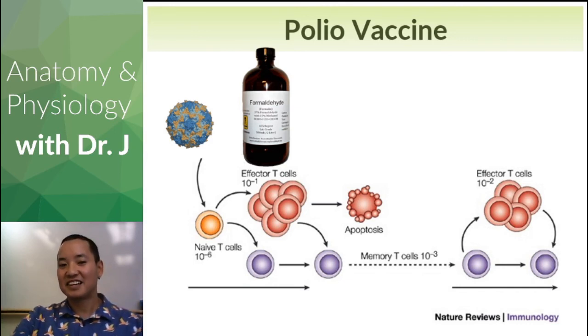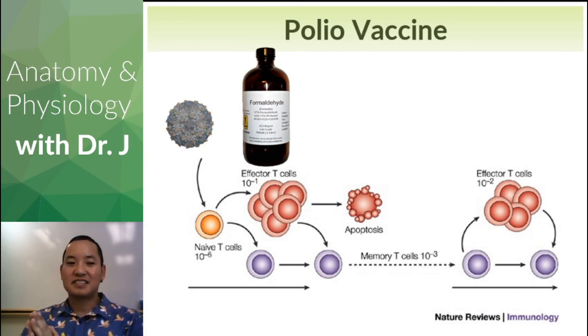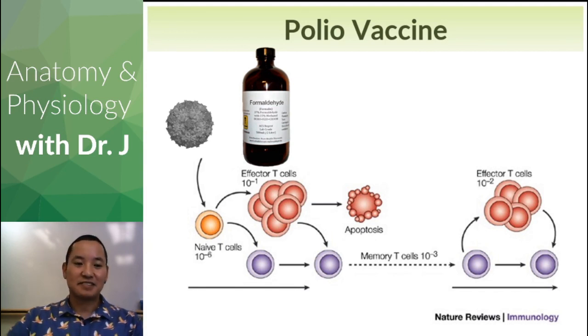Viruses are kind of like, are they alive or not? They're technically not alive because they can't replicate on their own, but by treating them with formaldehyde, they still have the shape of poliovirus. Since all their proteins and DNA have been chemically bonded to each other, it's not really able to replicate and be active like a normal live poliovirus.